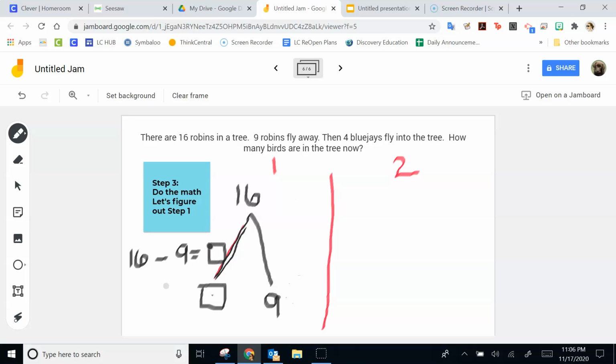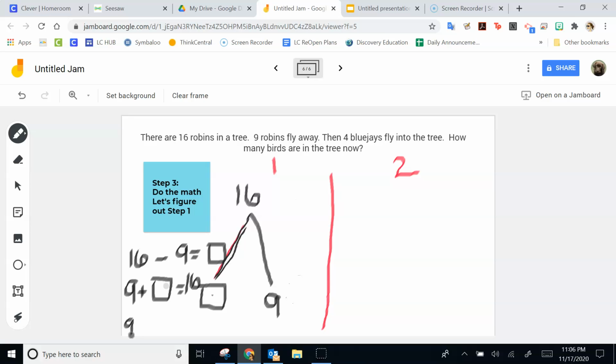So what's left? Or I could do the strategy, I know that 9 flew away, and I know with my math mountains that I can take that number and count up to 16. Either way, I'm going to figure out the answer because they're both going to give me the same answer. Well, let's do the count up strategy.